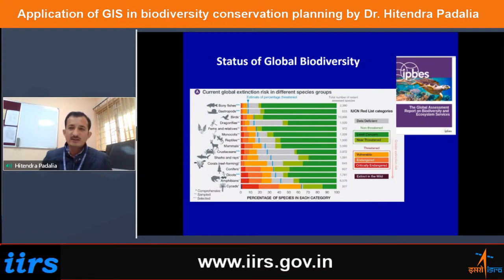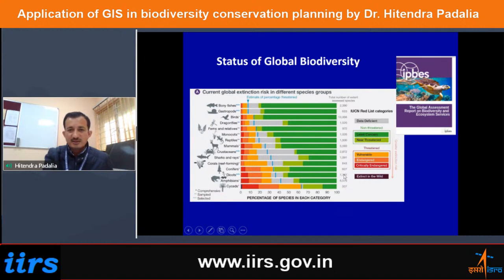Similarly, there is another body, the IPBES. It has brought for the first time a very comprehensive assessment of the status of biodiversity, whether plants or animals. These pictures I have taken from their report, and on one axis you see that there are different groups of species.